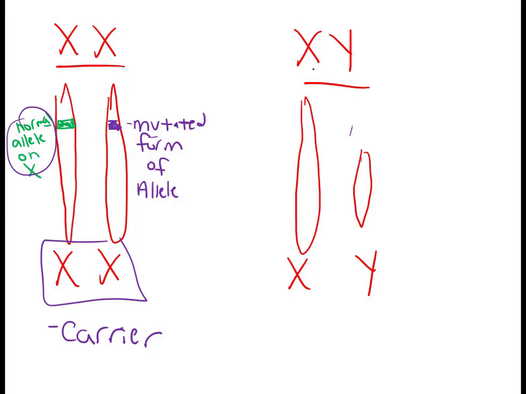On the other hand, if somebody's XY and they have a mutated form of the allele, remember the Y doesn't have anything on it, so there's nothing there to protect this mutated X. So therefore, if somebody has this mutated allele and they have only one X chromosome, they now have the disorder. They're not just a carrier.